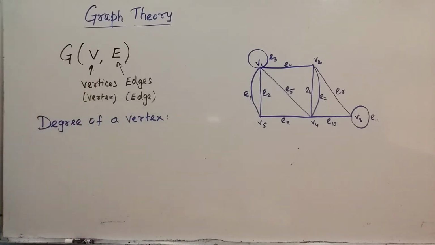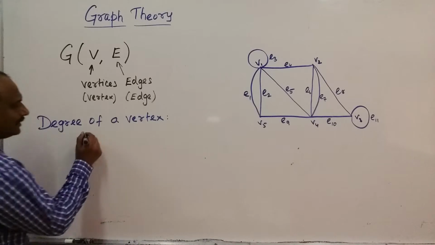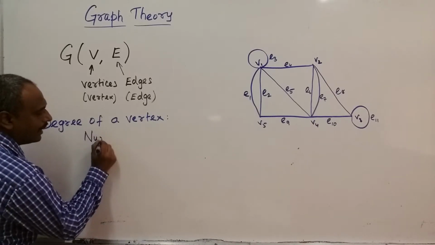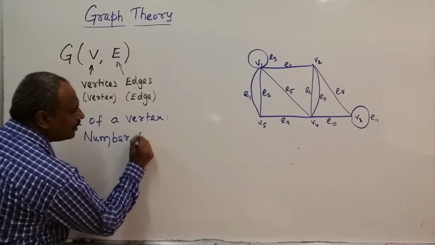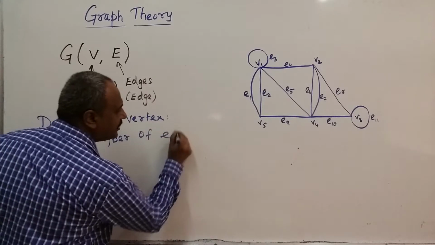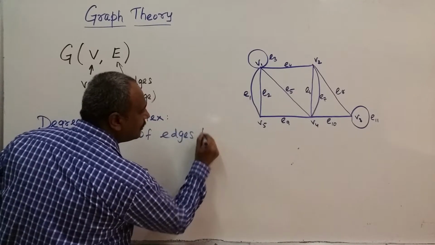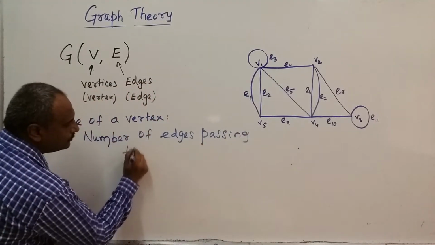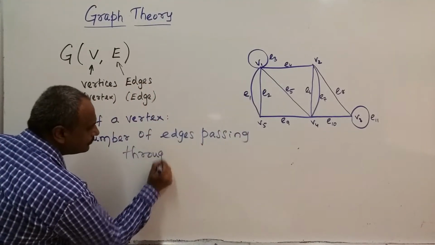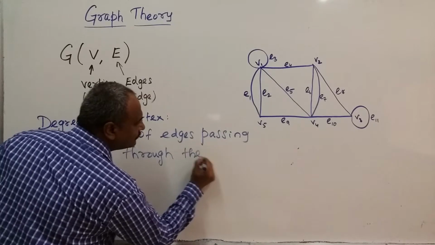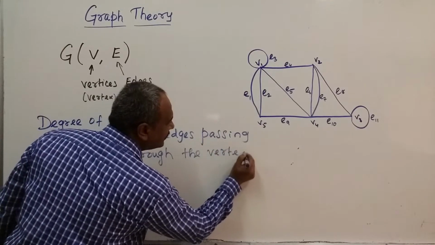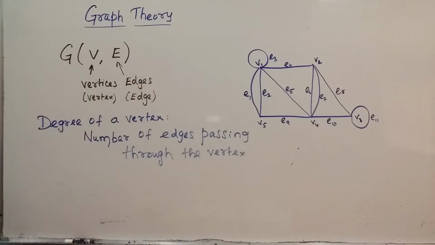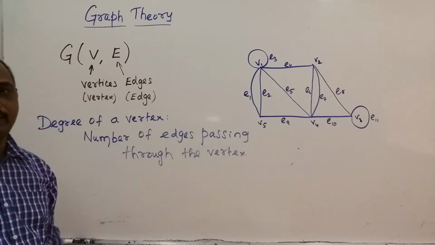The meaning of the degree of a vertex is nothing but the number of edges passing through the vertex. This is called the degree of a vertex.